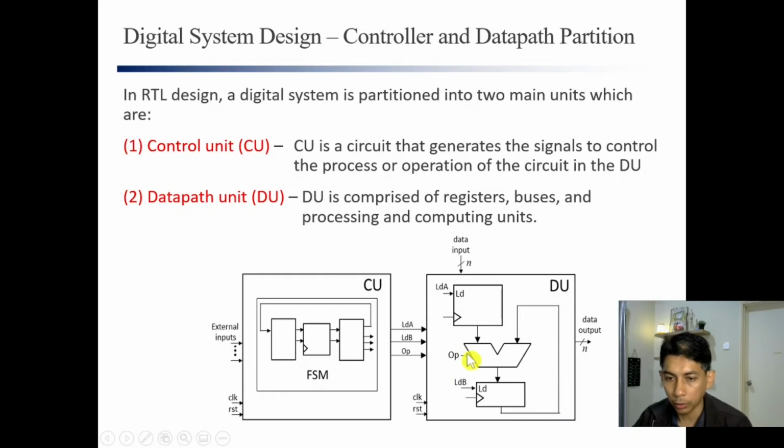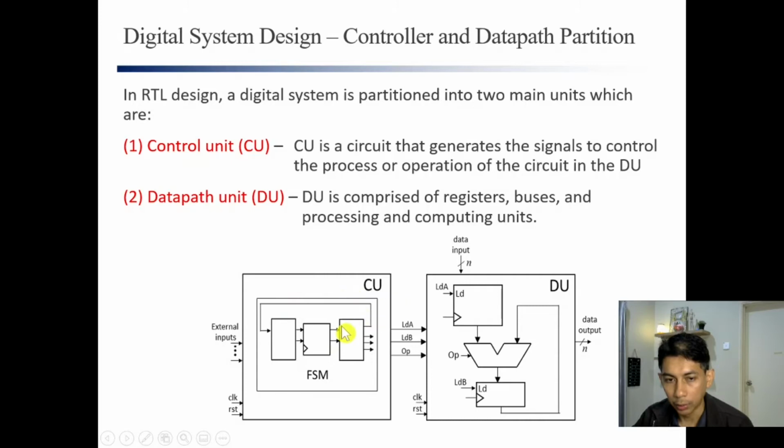So it's controlled by this OP. But the question is, at what time we should perform the add, at what time we should perform the sub, and so on. That will be controlled by this signal, and this signal is generated by the CU, the control unit.